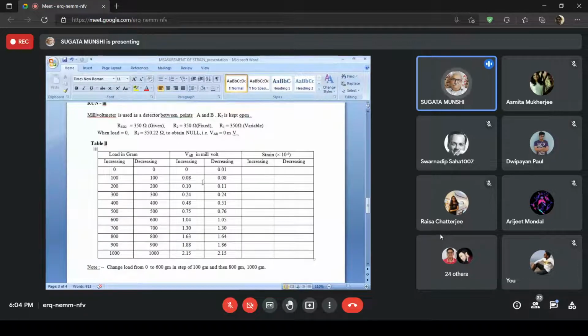Now come to this case. You impress load in grams, 0, VAB is 0. Increase it to 100, VAB is 0.08 millivolt. Then you move up to 1000 grams and then decrease it. All right. End it at 0 load. So from these VAB readings, you can find out the strain. How will you find out the strain?